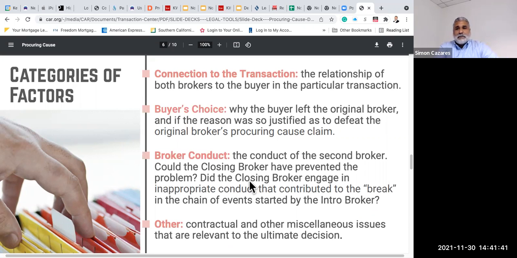The conduct of the second broker, or the closing broker, could have prevented the problem. Did the closing broker engage in inappropriate conduct that contributed to the breakup? As I mentioned, there's agents out there that do not play by the right rules. There's agents out there that are not in the right field. They shouldn't even be real estate agents. I'm just being truthful.